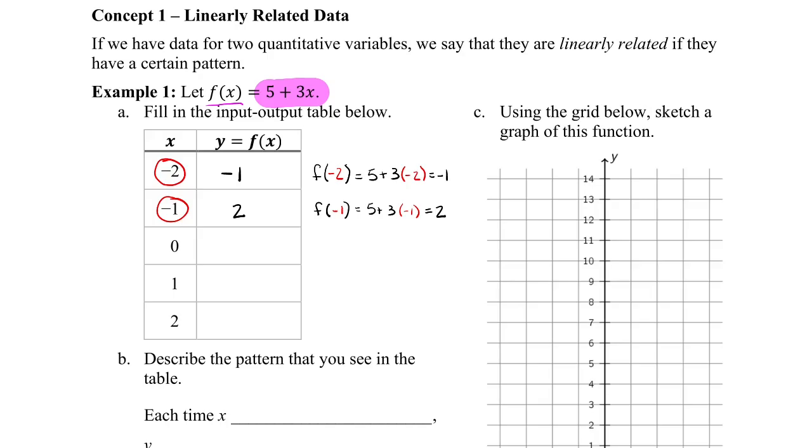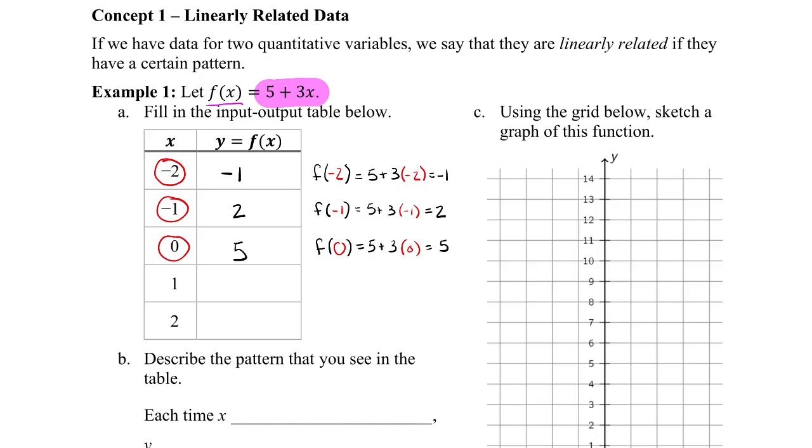So input negative 2 gives output negative 1. Input negative 1 gives output 2. When x is 0, we can take f of 0, which is going to be 5 plus 3 times 0, which works out to 5.